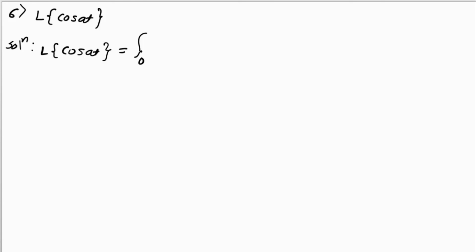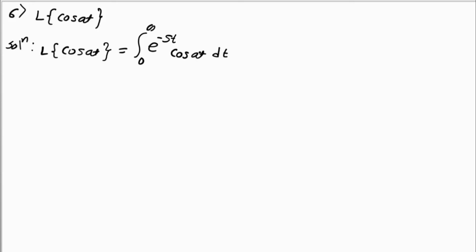This is one method to solve Laplace transformation of sin at. Next is Laplace transformation of cos at. Again use the definition of Laplace transform. By definition, Laplace of cos at is integral 0 to infinity e raised to the power minus st f of t dt, where the function is cos at.